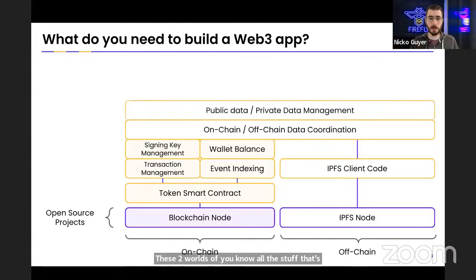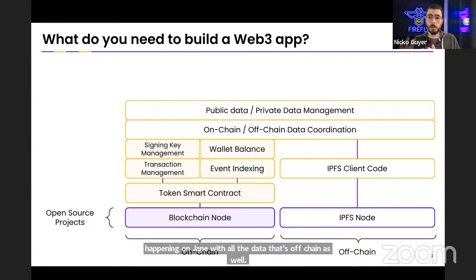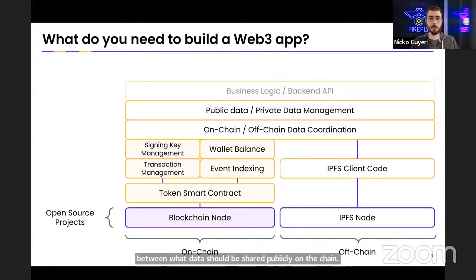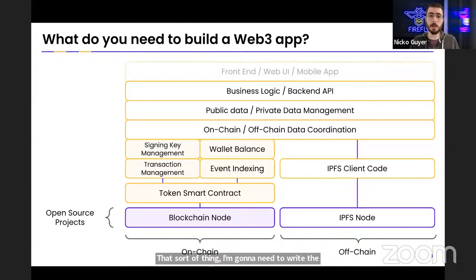I need some code that's going to distinguish between what data should be shared publicly on the chain and what data should be kept private. I don't want to put all of my users' information on the chain. I'm going to need to write the actual business logic of my application and my backend API. And finally, my front end, my web UI or mobile app.